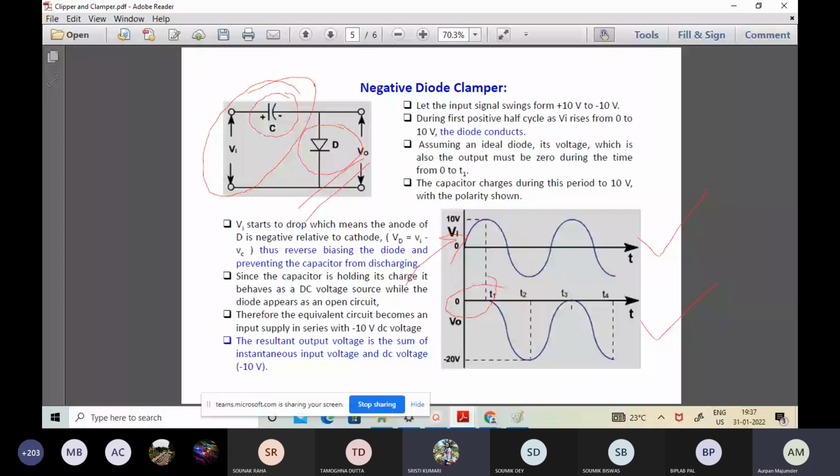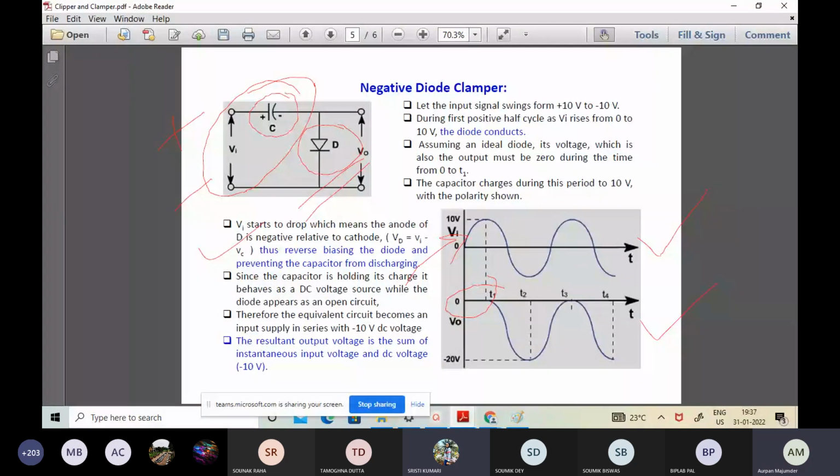Now when the value of Vi falls below 10 volts, what would really happen? What is the value of Vd if I take up this particular loop? Let us say you're having minus plus over here because it's acting like a supply. So it should be equal to Vi minus Vc. Simple, Vi minus Vc. So that has been mentioned here.